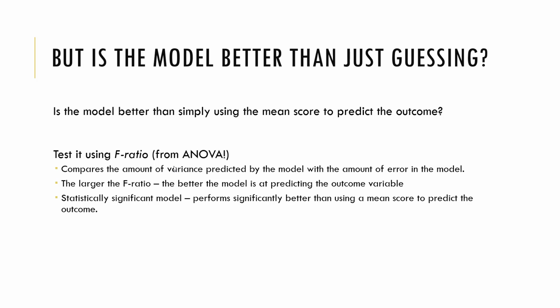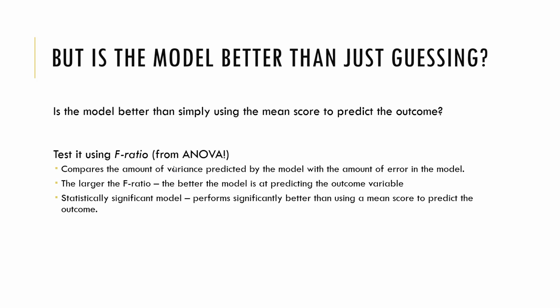So if we think back to what the ANOVA does, it produces an F value, and that F value is actually a ratio. In this example, when you're thinking about regression, it's looking at the ratio of the amount of variance that is predicted accurately by the model versus the amount of error in the model. So if it's better at predicting than it is at making mistakes, then your model will be statistically significant.